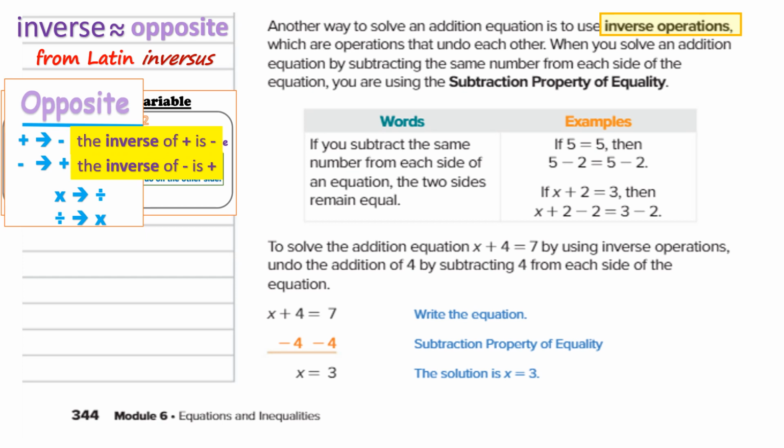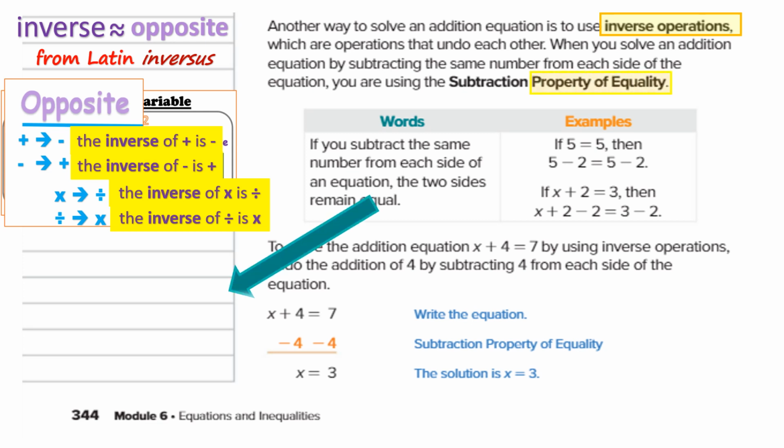Right? So I'm doing the inverse of addition, which is subtraction, the inverse of subtraction, which is addition, the inverse of multiplication is division, the inverse of division is multiplication. So if you see the terms inverse, like on the NWEA here rather soon, then don't get confused. It just means the opposite.